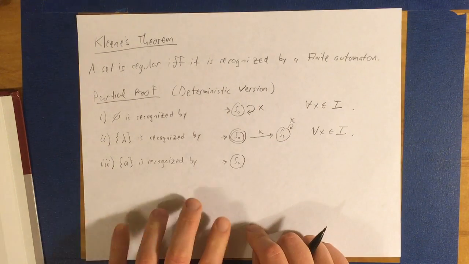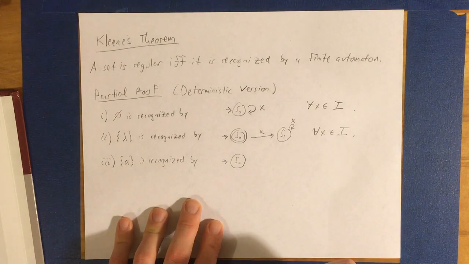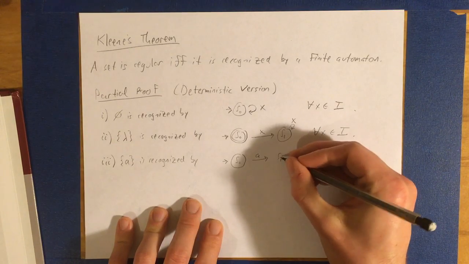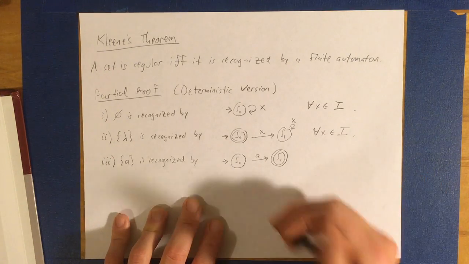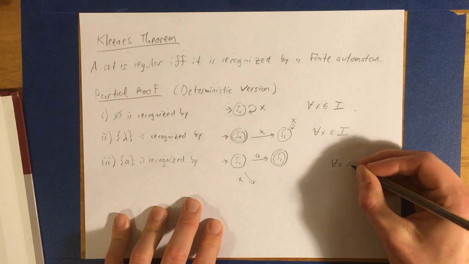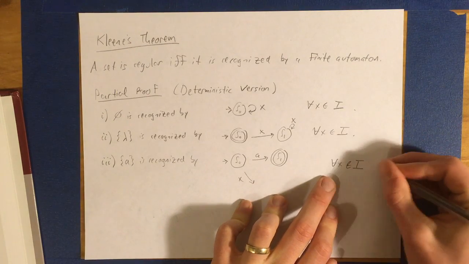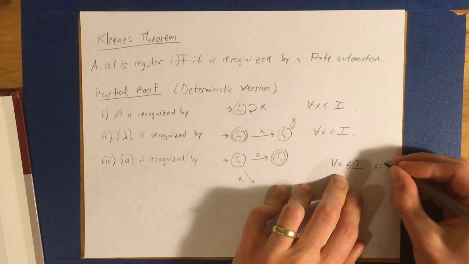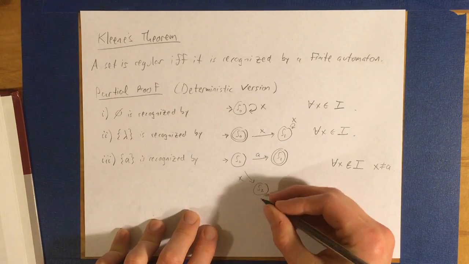I don't want my starting state to be accepting, because I specifically don't want to recognize lambda. I just want to recognize a. So if I receive the a that I want, then I'm going to go to an accepting state. Just that. If I receive anything else besides a, I'm going to call that x, and this is for all x in the alphabet which is not equal to a. So here I'm saying specifically anything except for a. That would take me to some other state, which is not accepting, where we can loop.